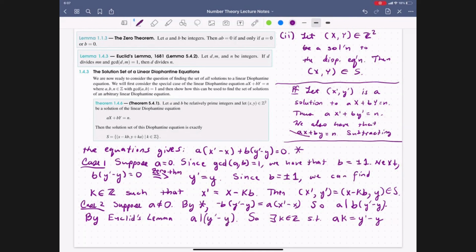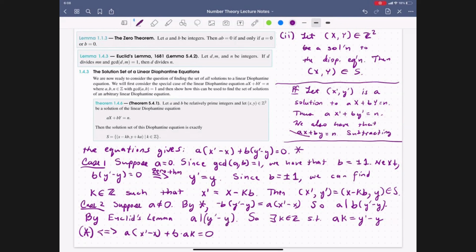So now what we are going to do is go back to the equation star and substitute this in. And so doing so, star is the same as a(x' - x) plus b times (y' - y), which is now ak, equals 0. So we have this here.